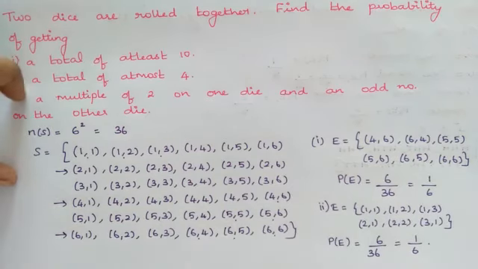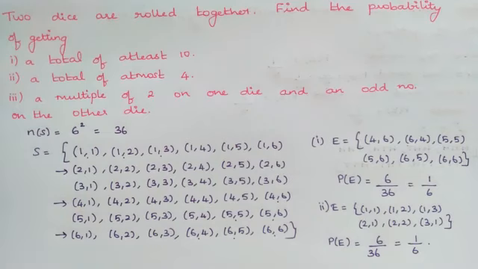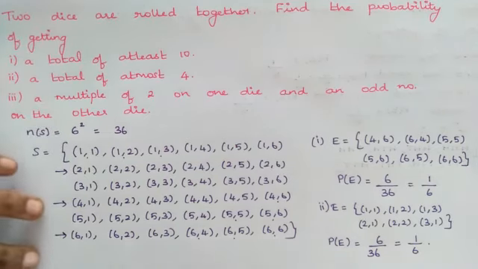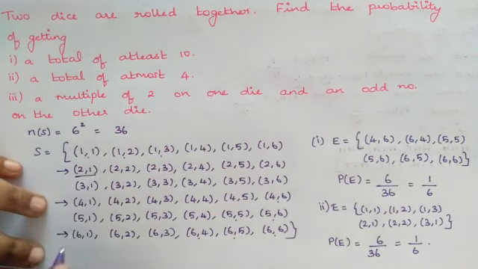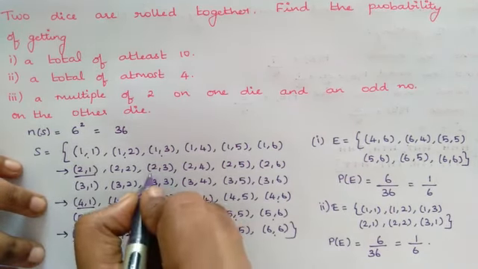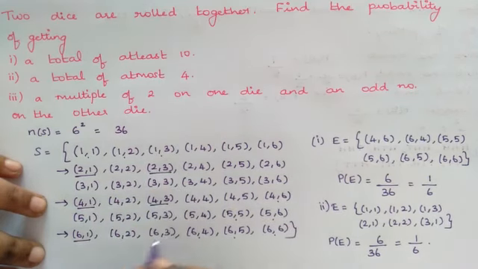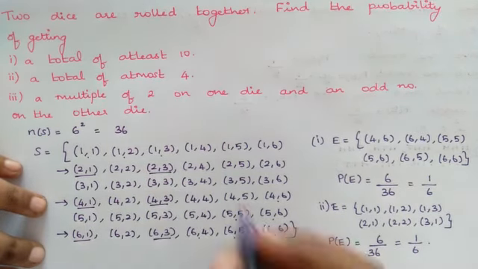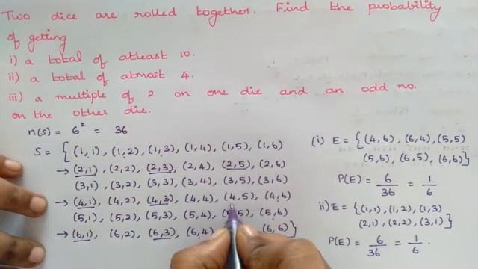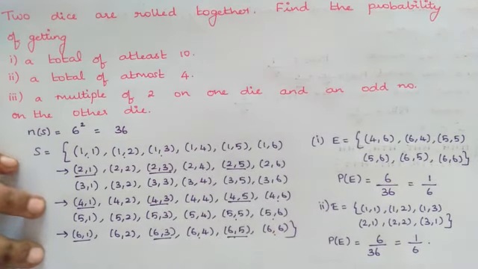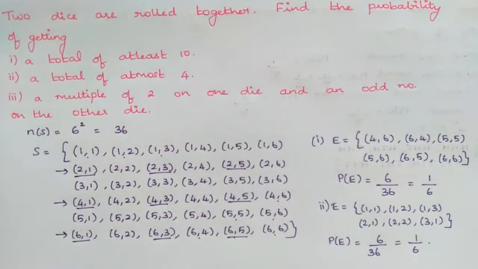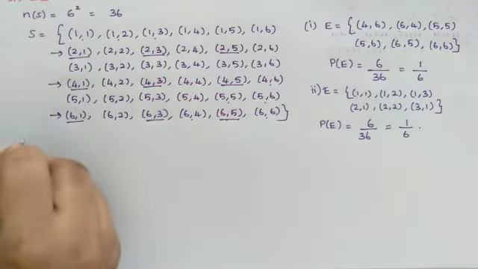Next, an odd number on the other die. So odd numbers are 1, 3, 5 like that. So we have 2 comma 1, 4 comma 1, 6 comma 1. Then 2 comma 3, 4 comma 3, 6 comma 3. Next 2 comma 5, 4 comma 5, 6 comma 5. That's it. So how many possibilities are we having here? 9 possibilities. So let's write the event.